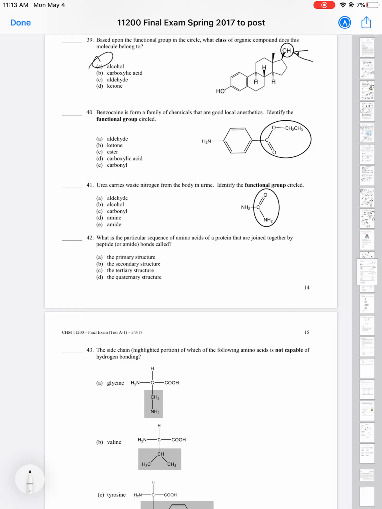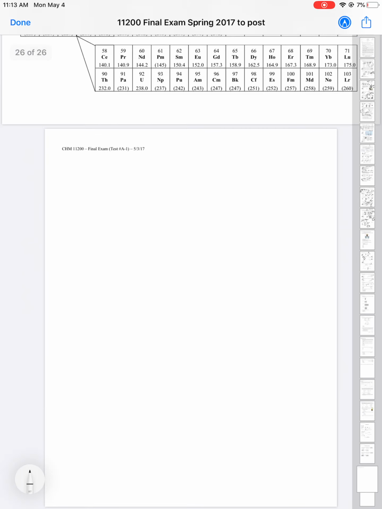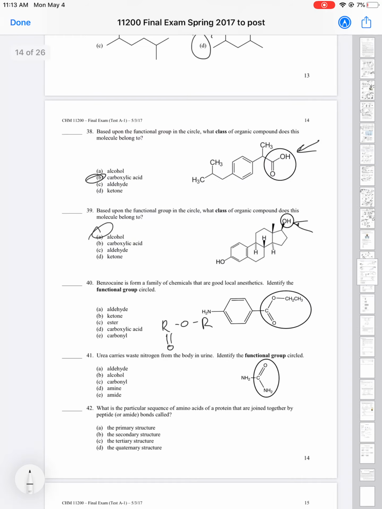So now we have a double bonded C to an O, and then the O is attached to two R groups. I'm not sure what that's called, so let's look at our table down in the bottom. There we go. So that's an ester, it looks like.